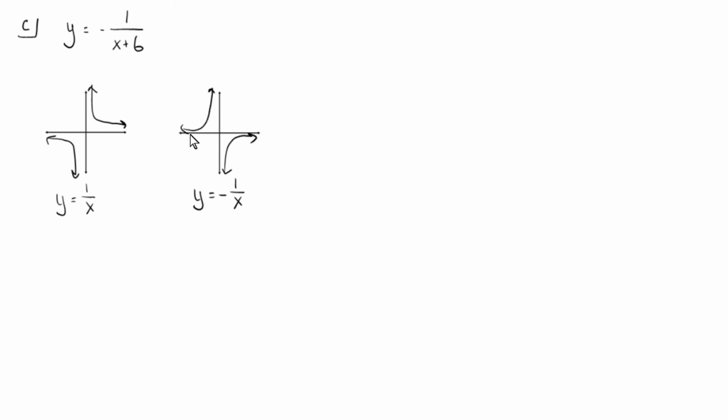And then finally we're adding 6 to the x, which means we're translating the graph 6 units to the left. So now we're going to have our vertical asymptote at x equals negative 6, like this.